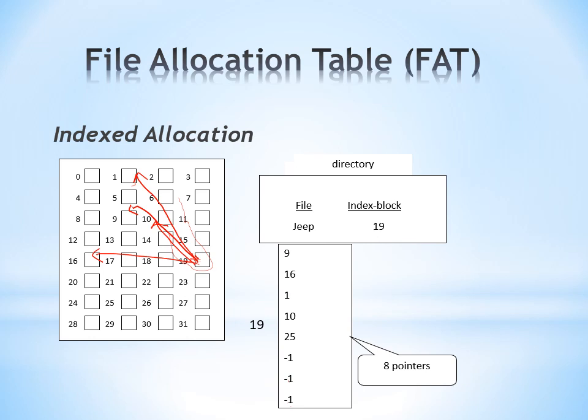From block 19 also they go to 16, to block 1, to block 10. So the index block will contain the start of the references, or the index, for the allocations of that particular file.